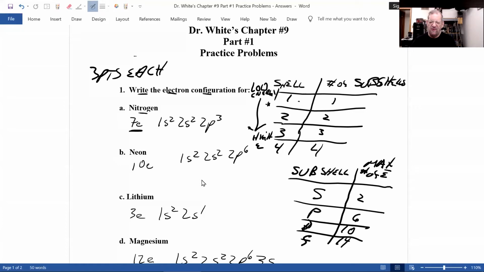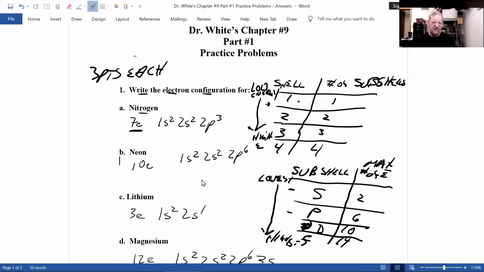So you always start with 1, 2, and then 3. Same thing here. You always start with the lowest subshell of any shell. Therefore, you always start with S and then go to P, and then D and F.